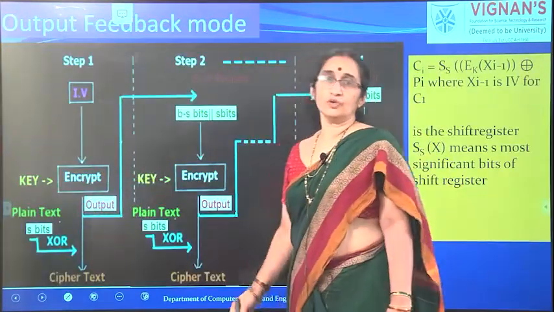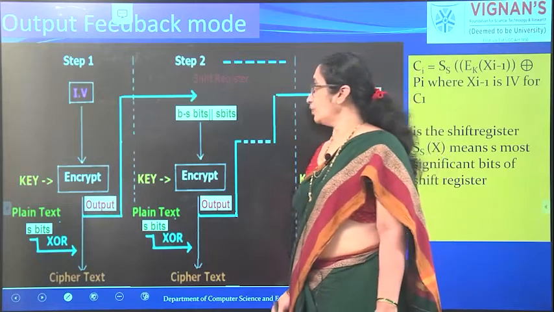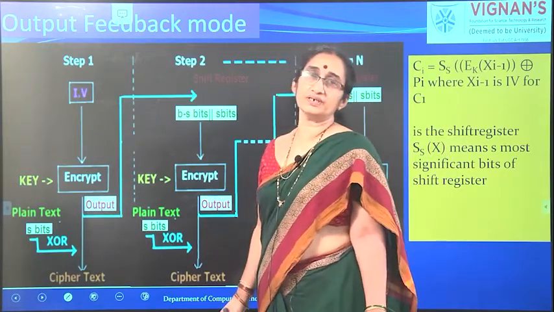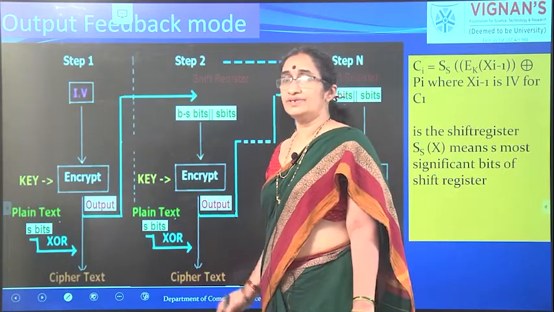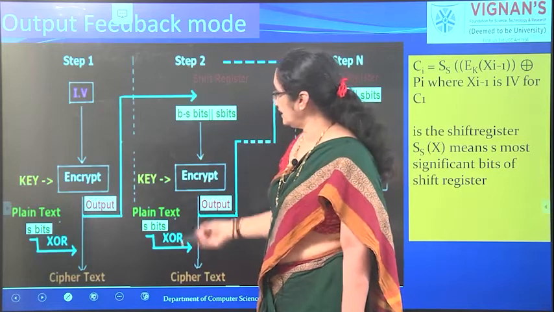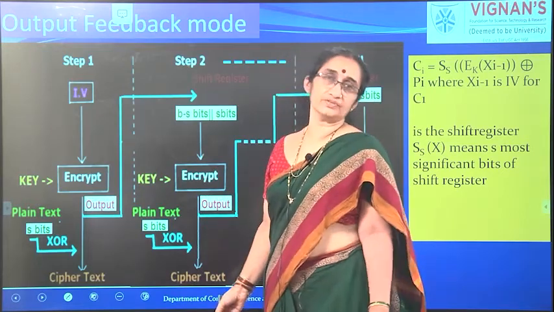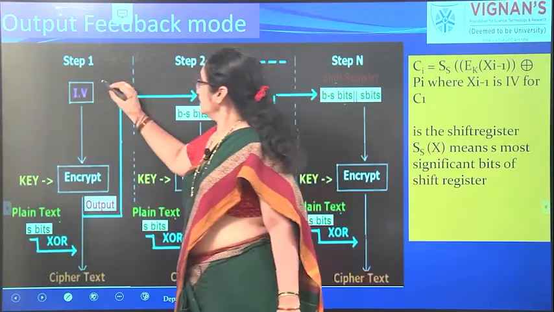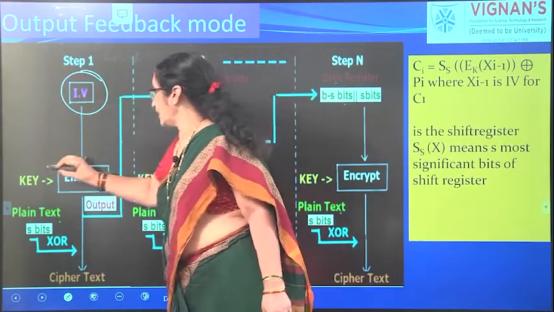And the fourth one is the output feedback mode. It is almost the same as our cipher feedback mode. There we chain the cipher, but here we do not chain the cipher, we chain the output. So let us see. Again you have the initialization vector and the key.